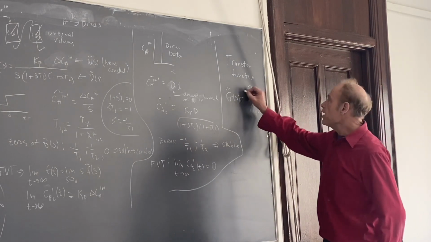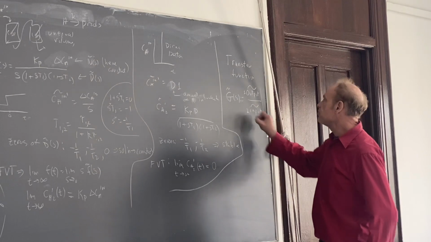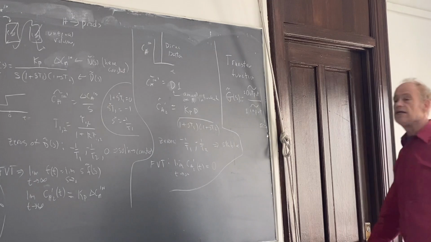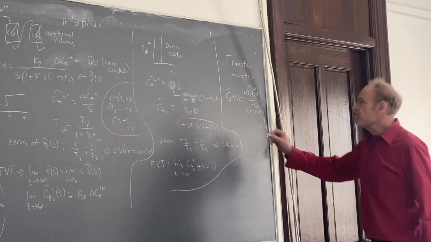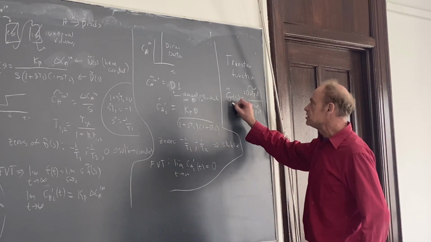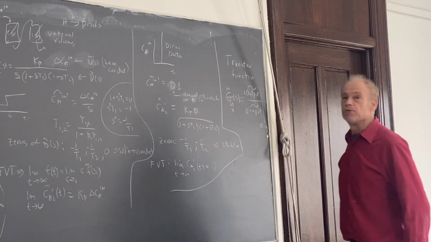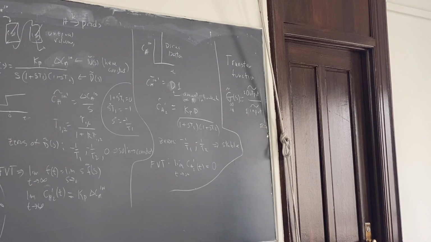So it's one output variable divided by one input variable with the initial condition 0. And often I have to tell you what variables it is, so I have some subscripts that tell me the output and the input. And that's called the transfer function.